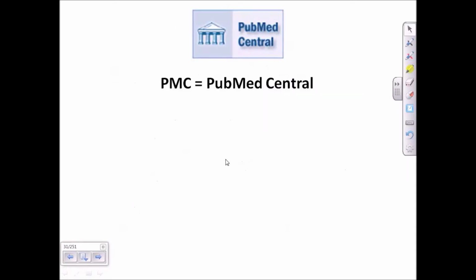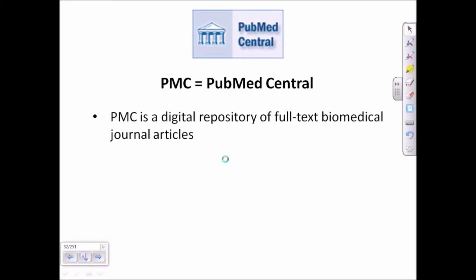So that's PubMed. Now there's also PubMed Central, and I want you to remember those three letters, PMC. We'll be using those three letters, PMC, throughout this talk. So keep those in mind. PMC, or PubMed Central, is a digital repository of full-text biomedical journal articles. It's also operated by NCBI, just like PubMed.